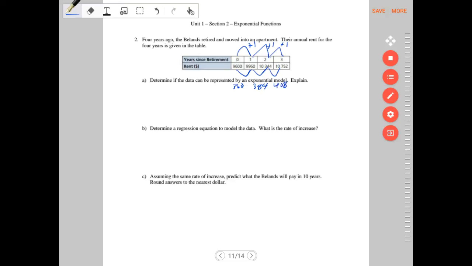Okay, so definitely not linear, so it's possible that this can be an exponential model because y is increasing by an increasing amount each time rather than going up by a constant amount, okay?